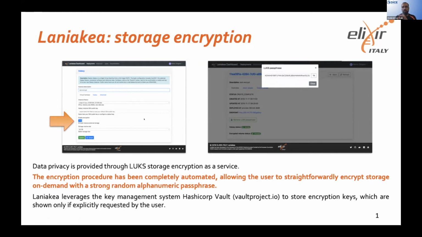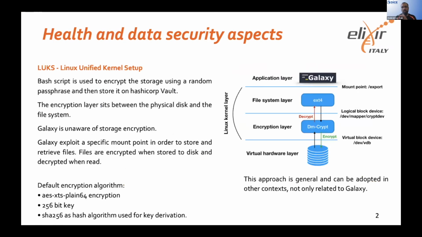I will go directly here. So you have the Galaxy, this is the user interface, and a file system layer based on ext4. And the data is stored encrypted on that file system. And then there is the virtual hardware layer.